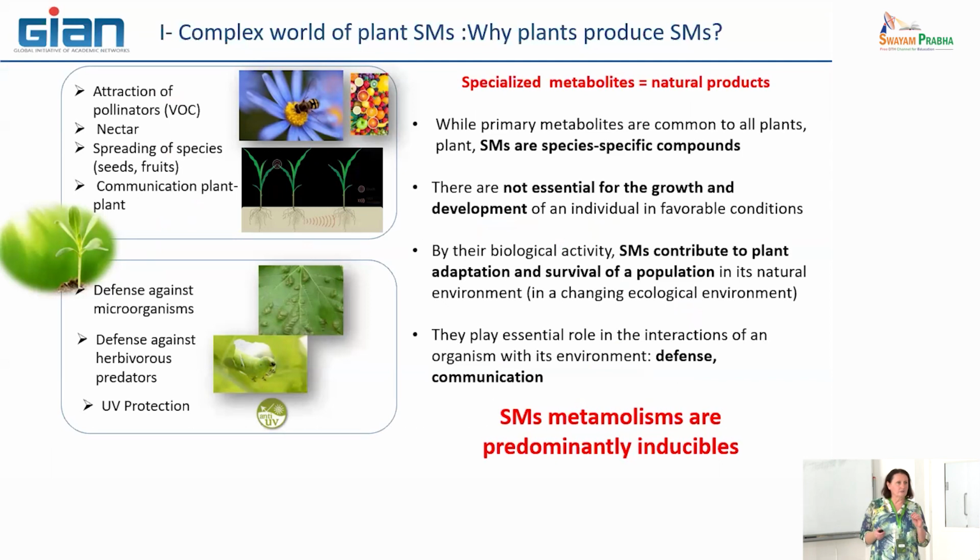If you find a plant that produces one type of metabolite, it can be the only one that produces it. You can't find this metabolite in other plants. Precursors, yes, but the final molecule will be a more species-specific compound. They are not essential for growth, that's true. But they are essential for the plant to survive any modification of its environment.